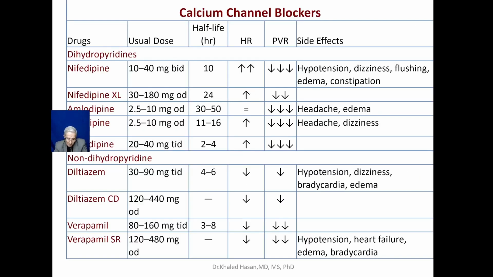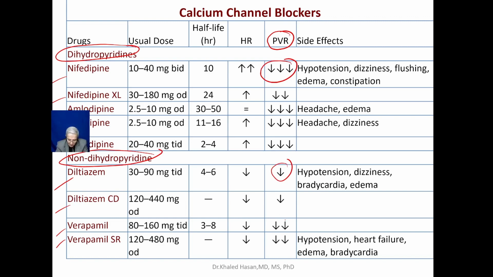Maybe a table here summarizes information for dihydropyridine and non-dihydropyridine. For dihydropyridine, we have long-acting nifedipine and amlodipine. For non-dihydropyridine, we have controlled-release diltiazem, verapamil, and slow-release verapamil. And then we have which medication mainly affects the peripheral blood vessels. You can see nifedipine mainly affects blood vessels. If you look at diltiazem, it's only one arrow.